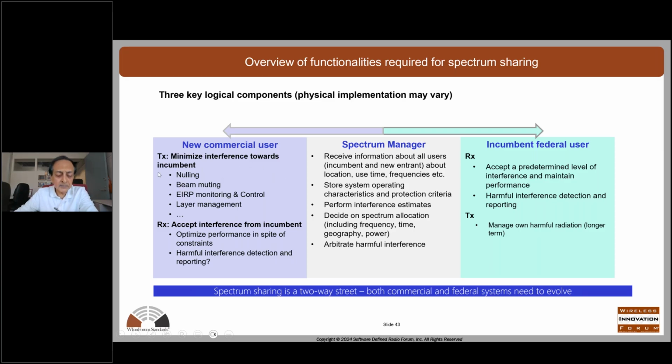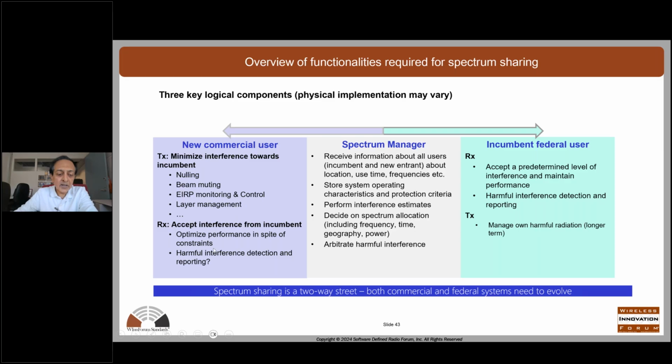Let's look quickly at what these things mean. The commercial user has to manage its transmission, right? So it has to minimize interference towards the incumbent by using different techniques, including nulling, beam muting, EIRP monitoring, and even layer management. When there is no other alternative, they move the subscribers to a different spectrum band altogether. There are different ways of managing the traffic on that particular channel.